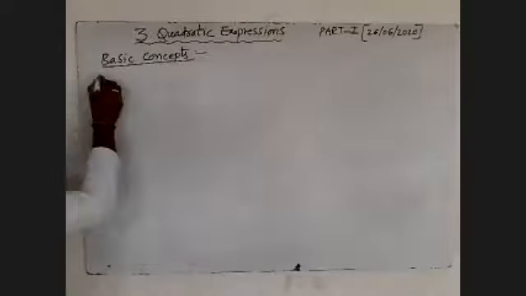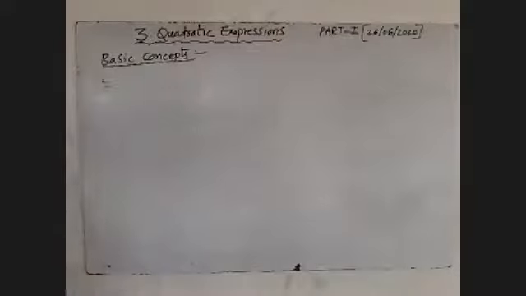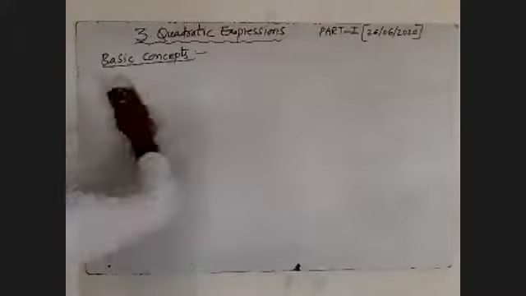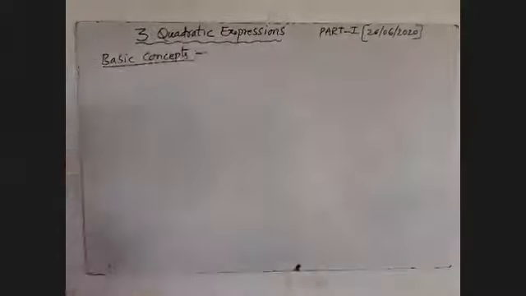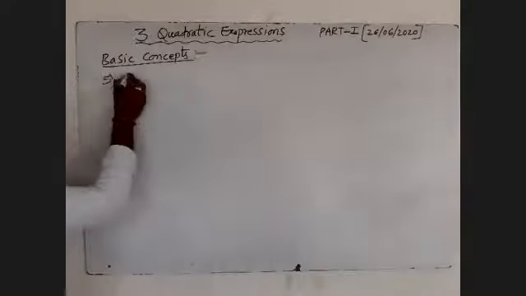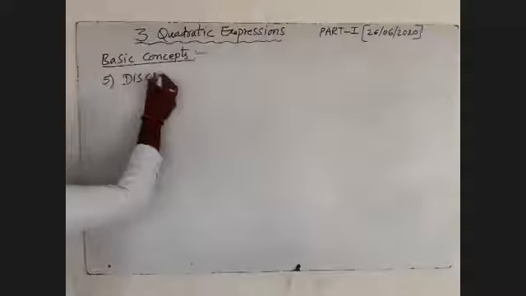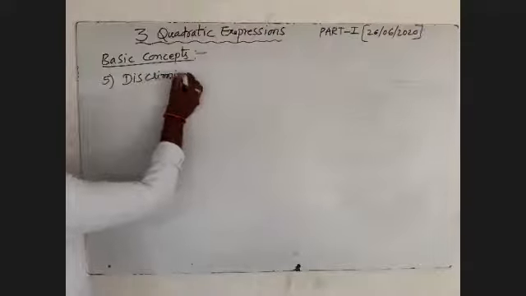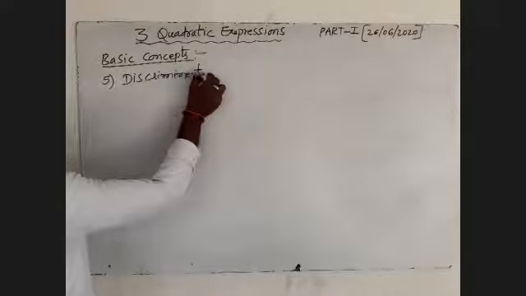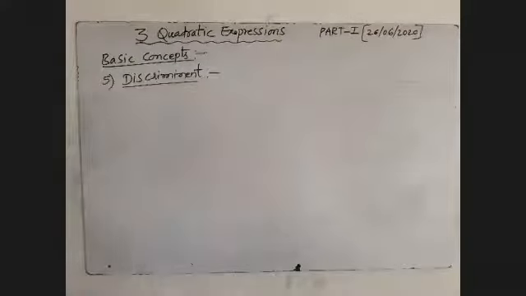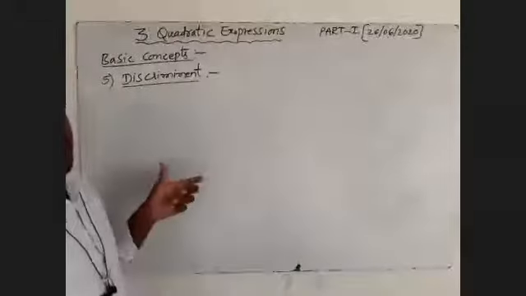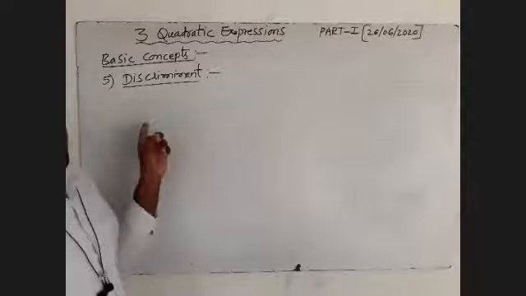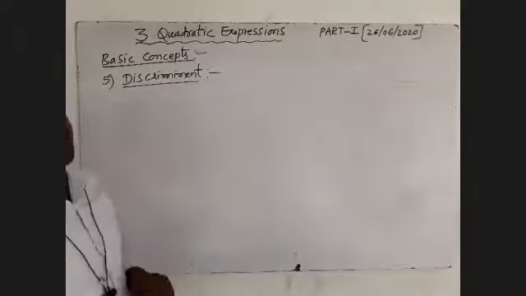Now I am going to the fifth point, that is the discriminant. What is the discriminant? In a given quadratic polynomial ax square plus bx plus c, b square minus 4ac is called the discriminant.